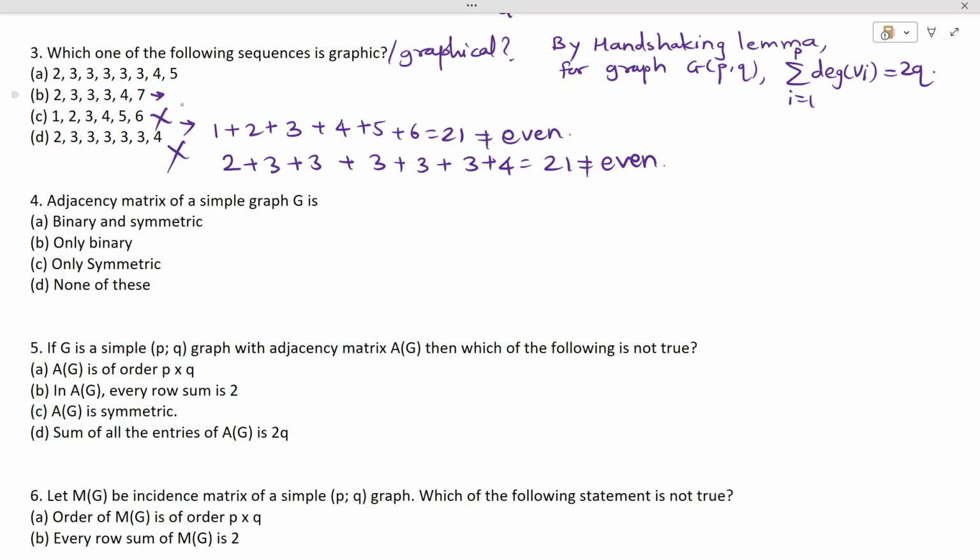If a graph exists with this degree sequence, then P, that is the number of vertices in graph G, is 6, and there is a vertex with degree 7. We cannot draw a simple graph on 6 vertices where a vertex with degree 7 exists. So option B is also incorrect and option A is the correct option.